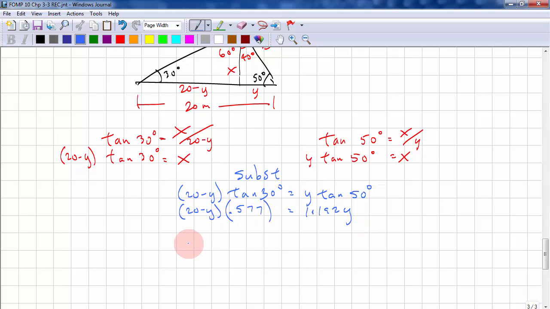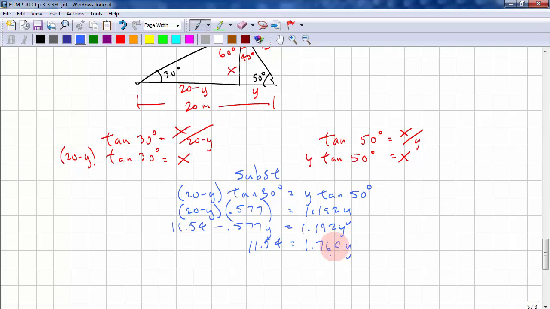So we expand this, get 11.54 minus 0.577y equals 1.192y. 11.54 equals this plus this, 1.769y.